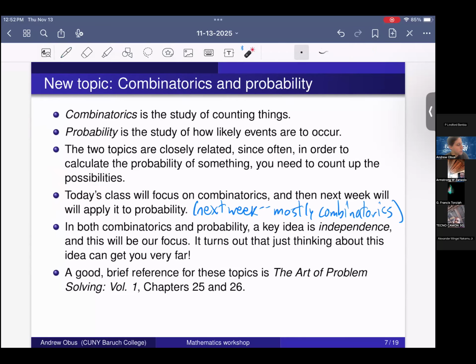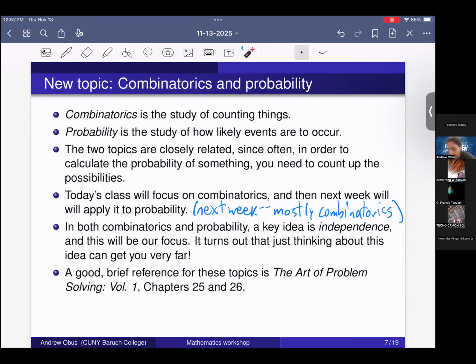So in both combinatorics and probability, a key idea is independence. Every time we do a unit this semester, I'm trying not to just teach the unit, but to give one key idea to think about when you're doing your pedagogy, when you're deciding to teach. I think combinatorics and probability is something that people have a lot of trouble with, just like word problems.